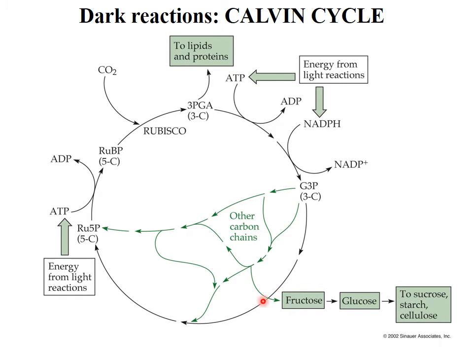Then in the remainder of the Calvin cycle, this 5-carbon molecule of RuBP is regenerated so that the cycle can start again. So really the phases of the Calvin cycle are carbon fixation, then generation of organic molecules like glucose, and then regeneration of RuBP. And it takes 6 cycles of this Calvin cycle to produce 1 molecule of glucose.